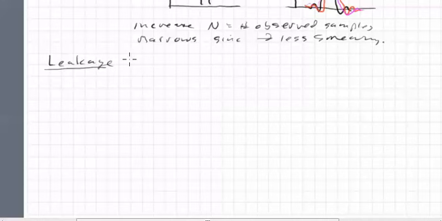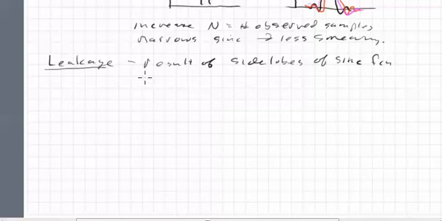Leakage is really the result of side lobes of the sinc function.